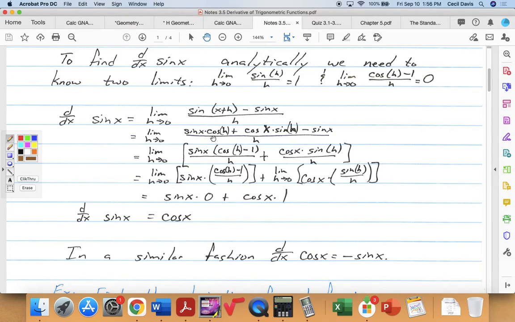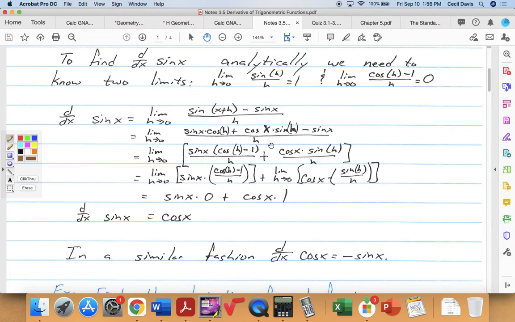So what we can do then is use the sum identity that says sine of x plus h would be sine of x cosine h plus cosine x sine of h. Does that sound familiar to you at least? You may have forgotten it. I don't remember the sum and difference identities because I just don't use them very much in calculus. Minus sine of x all over h.